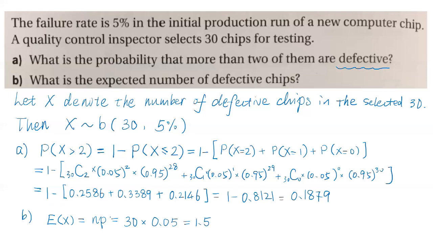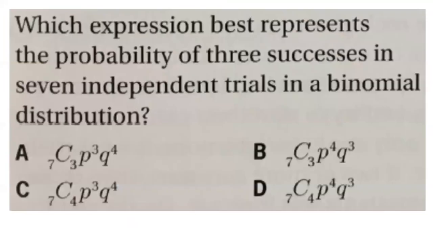That means for each 30 chips you select, on average, you will get 1.5 defective chips. Okay. Any questions? No? All right. If you have no questions, let's see the next one.